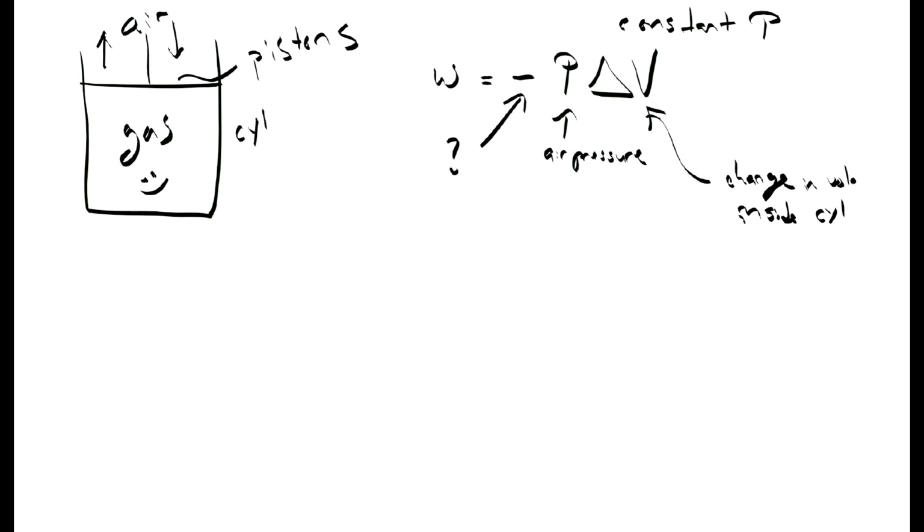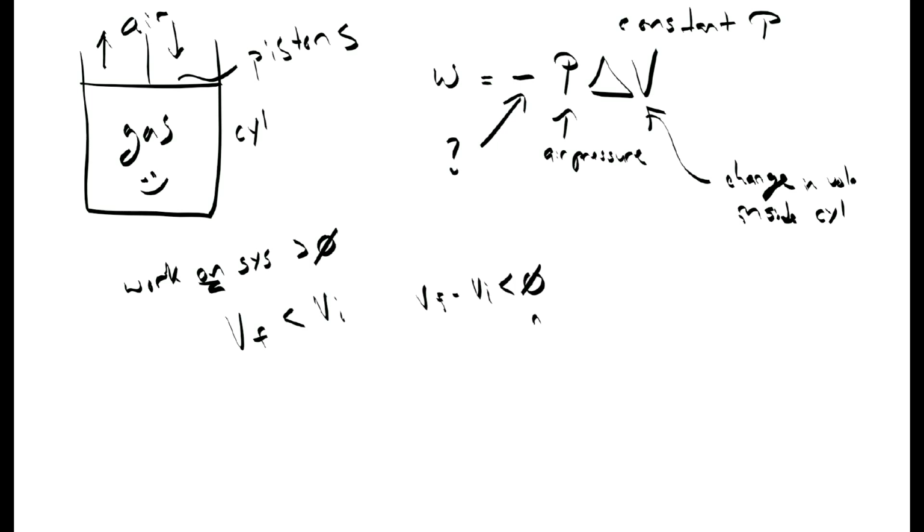Remember, work on the system is positive, greater than zero. So what happens when you're doing work on the system? Your final volume is going to be less than your initial volume because you're squeezing the cylinder. You're pushing in, and so Vf minus Vi is going to be less than zero, in other words, negative. But we want work to be positive in that case, so we have to have the negative sign in front of it.